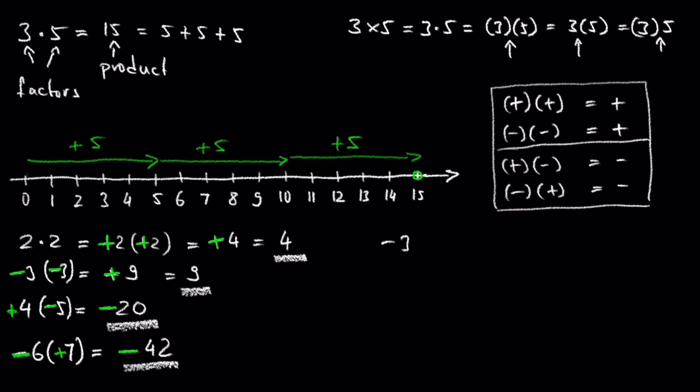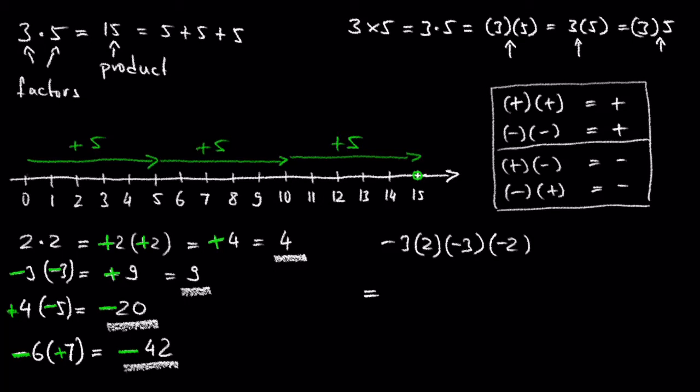Negative 3 times 2 times negative 3 times negative 2. To multiply more than two numbers, the order is not important. You can start by multiplying what's easiest for you.